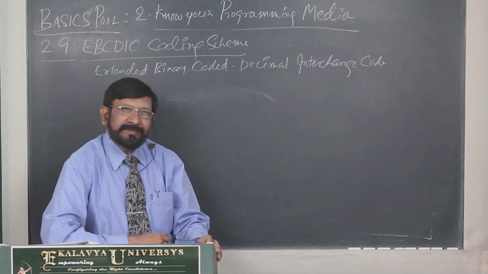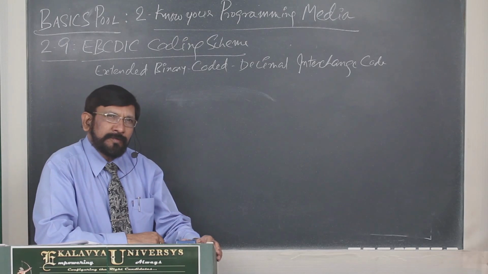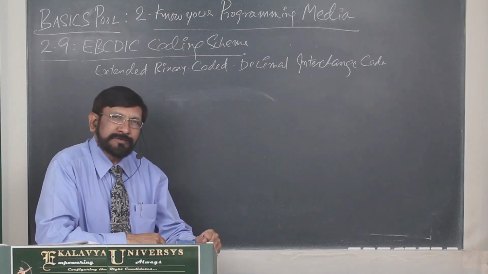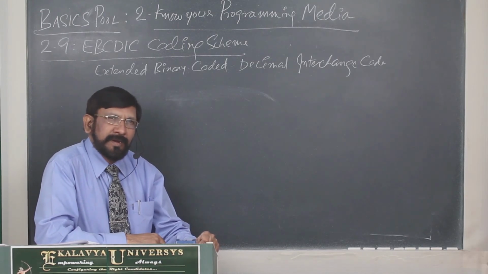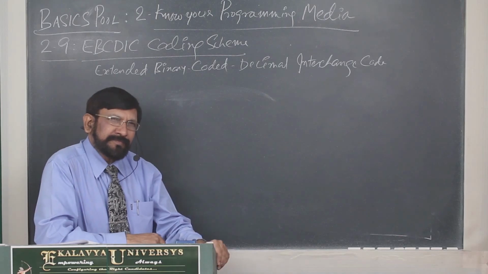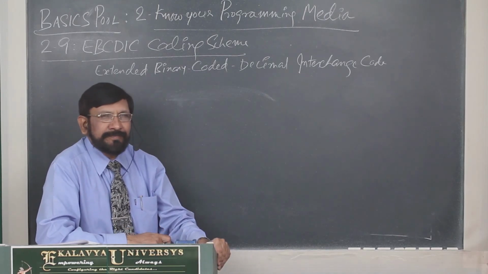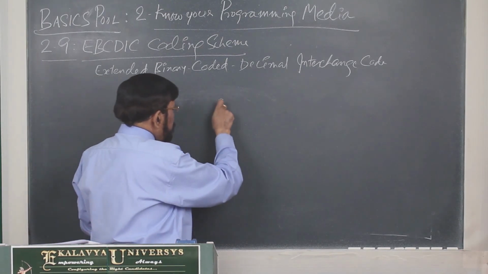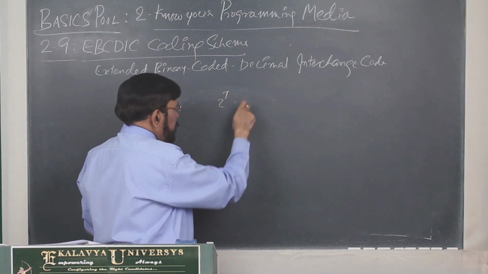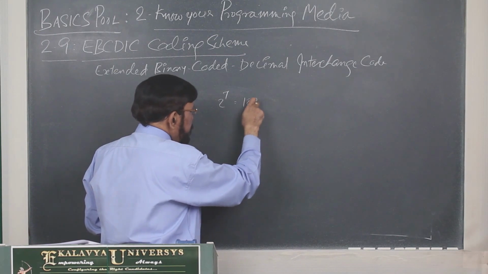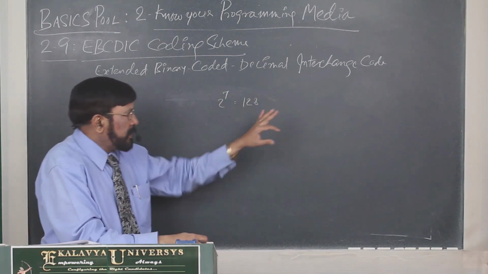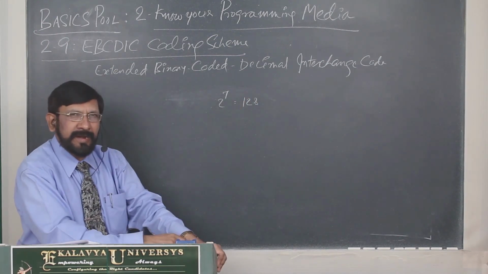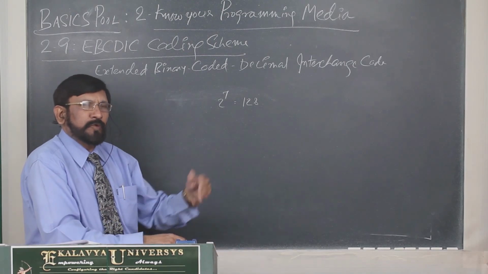Actually, ASCII was developed for microcomputers or PCs, and there is one more, that is extended ASCII. Already I told you ASCII, that is 2^7, consists of 128 characters, and I have given the list of the characters it supports.